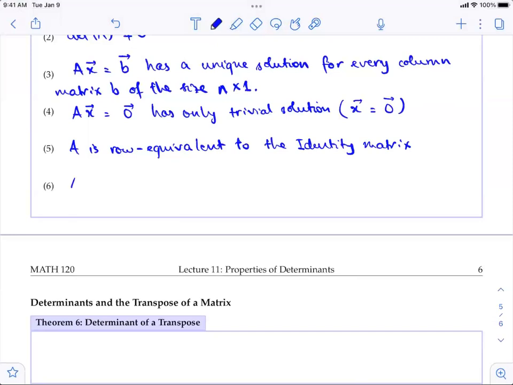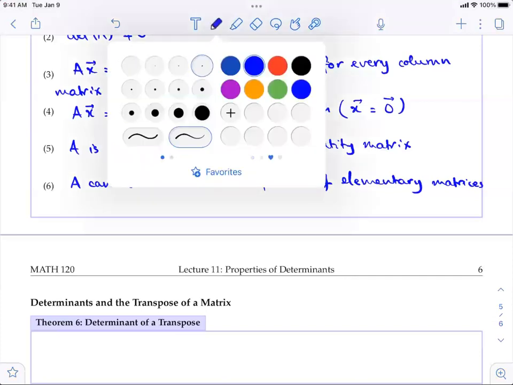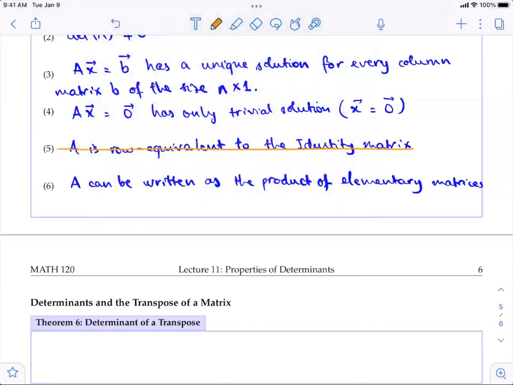And the last, that A can be written as the product of elementary matrices. Basically, the last two statements do not concern us in this particular course, so I'm going to get rid of that.